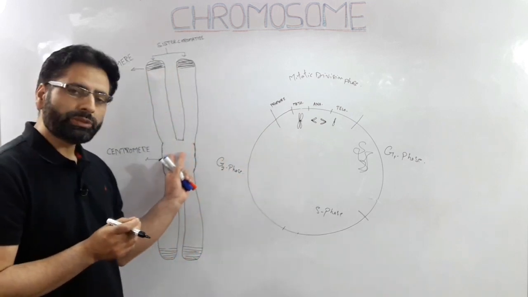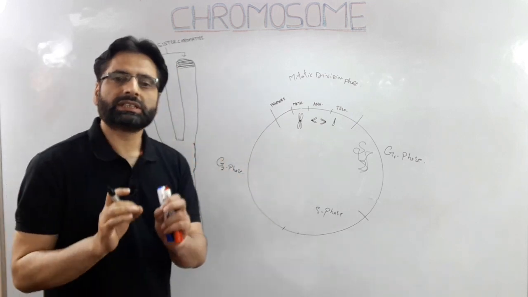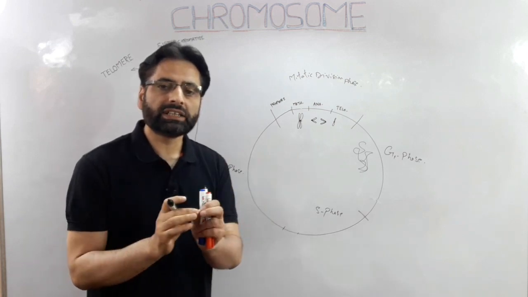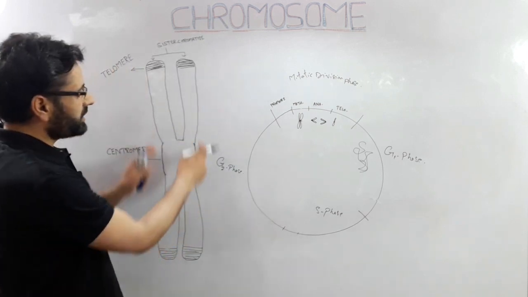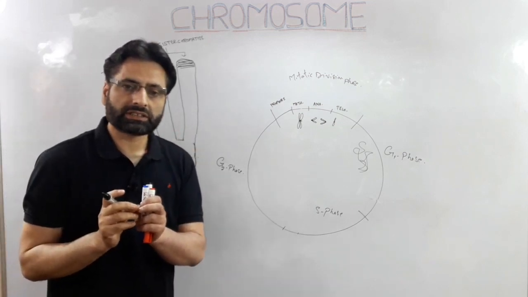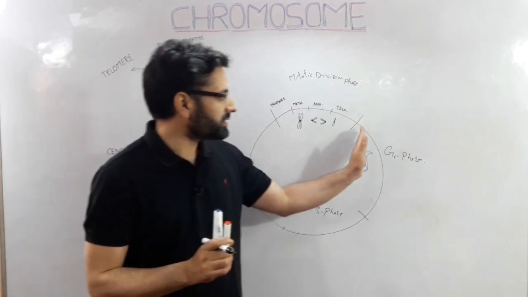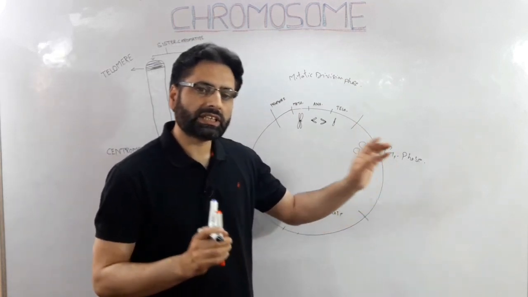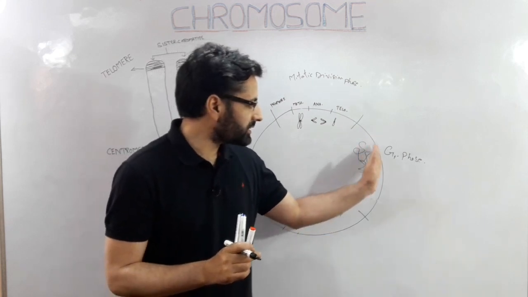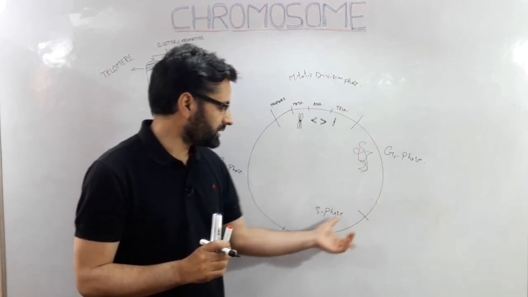This chromosome is present only in the cells which are going through cell division, that is, dividing cells. You cannot find this structure of the chromosome in non-dividing cells. When the cell enters the G1 phase, it has decided that it has to go through division, and this division follows this order.